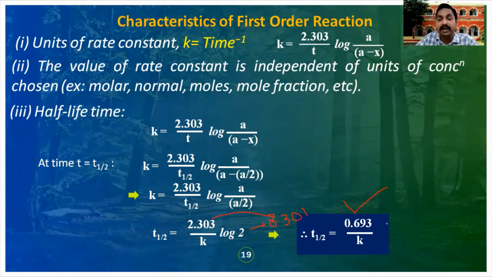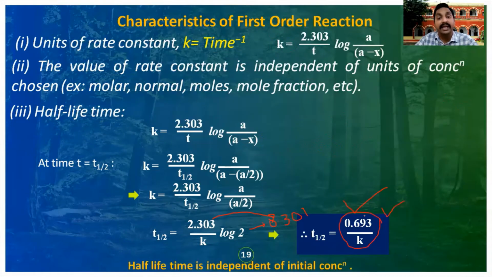If you see here in the expression of t half, there is no concentration term. तो यहाँ पर कोई concentration term नहीं है, इसीलिए t half is independent of initial concentration. यहाँ पर t half जो है वो initial concentration में depend नहीं होगा.